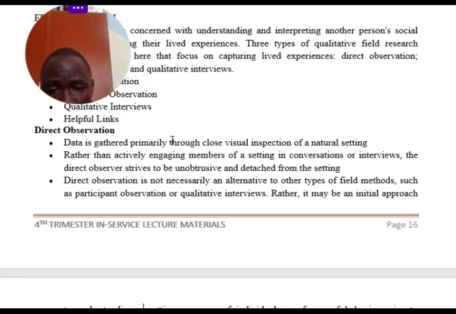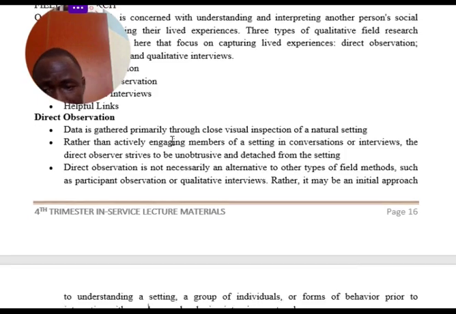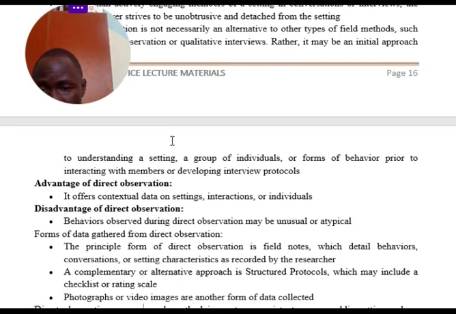Before we go on to the other forms, we have the methods, the advantages and also the disadvantages of this method. When you look at the advantages, an individual is able to interpret all the physical features.